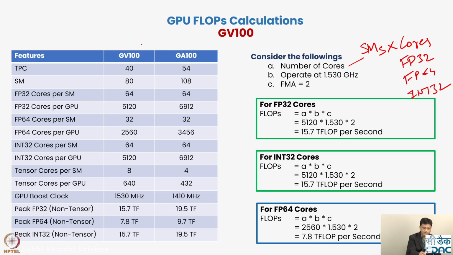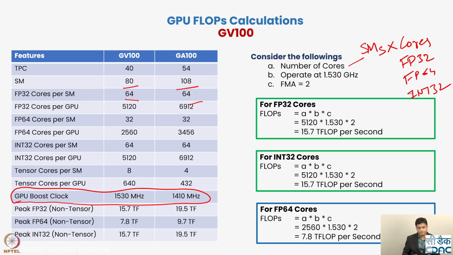You can see this table, in which I have taken the information from the respective data sheets. Here you can see the total SM count is 80 and here it is 108, along with the FP cores per SM. I already discussed these values in a previous slide.